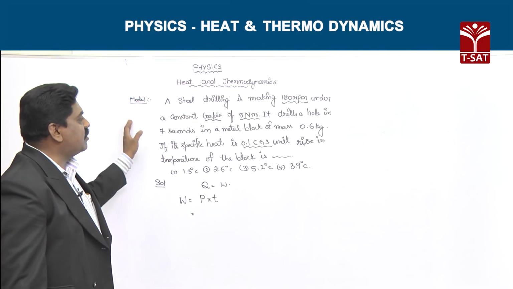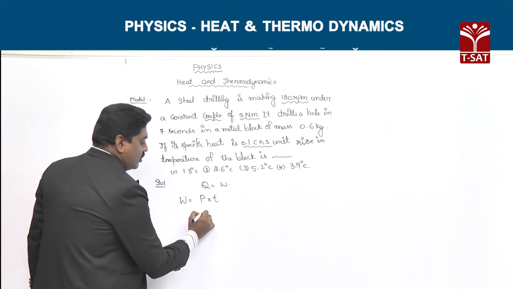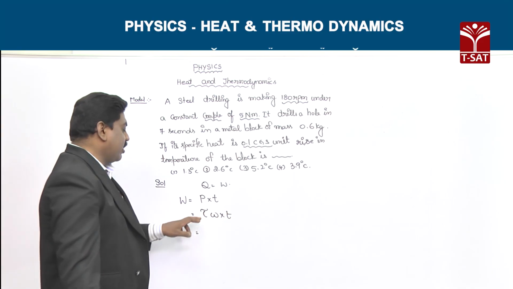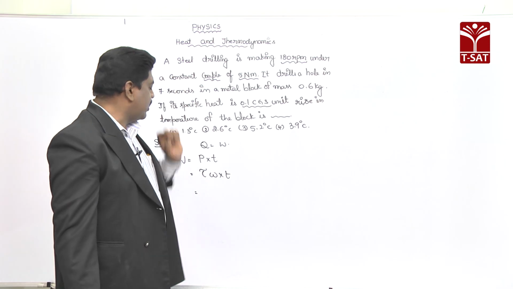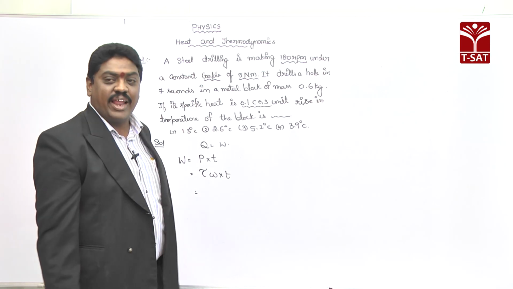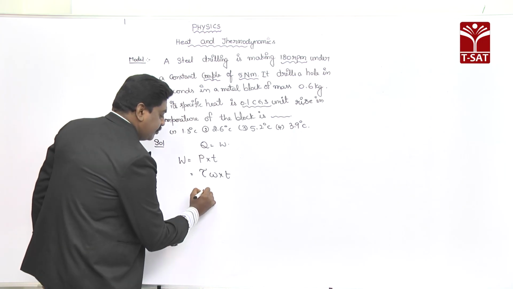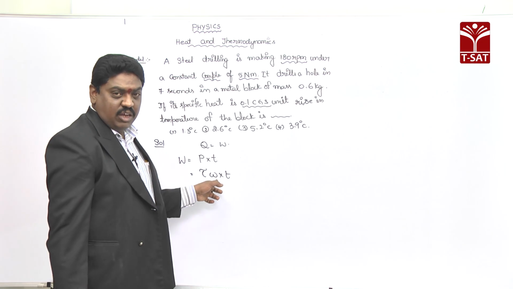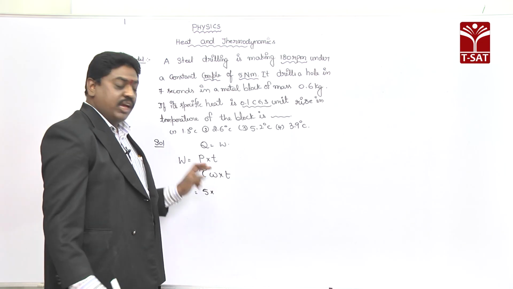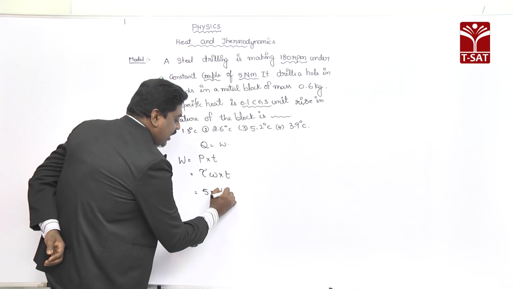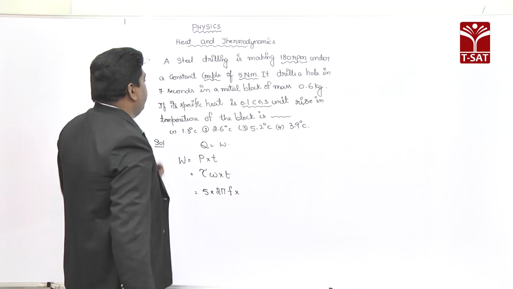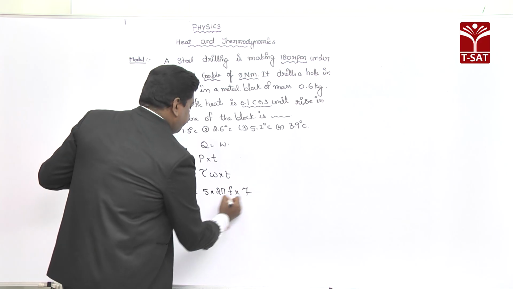And power in terms of couple is given as tau omega, into T, where tau is the couple or torque acting on the block. It is given as 5 Newton meter. And omega is the angular velocity or angular frequency, we can say. Here omega is given as 2 pi f, into the time here given as 7 seconds.